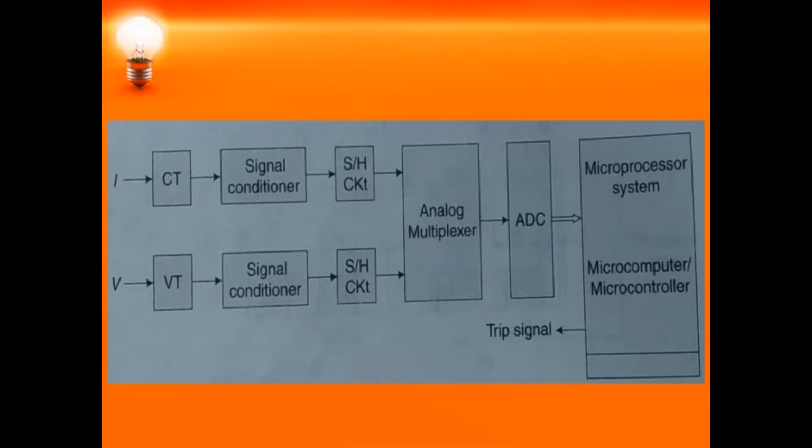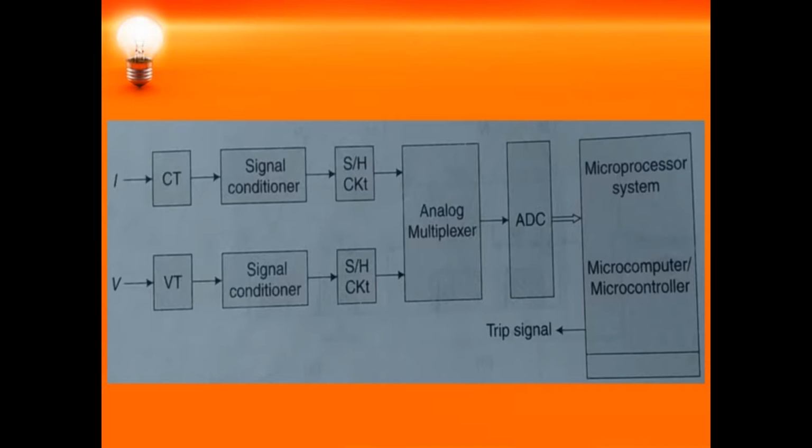Similar to microprocessor based relays, we have microcontroller based relays. Microcontrollers are nothing but single chip microcomputers in which we have the microprocessor and the input output ports, all fabricated on a single chip. The microcontroller performs all the functions of the relay. It measures the current by sampling it, converts it to digital data through a data acquisition system, and based on the digital data obtained, which is proportional to the load current, the relay is going to trip.